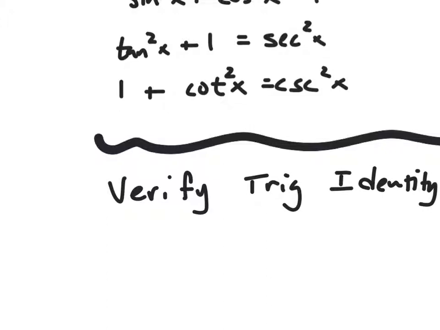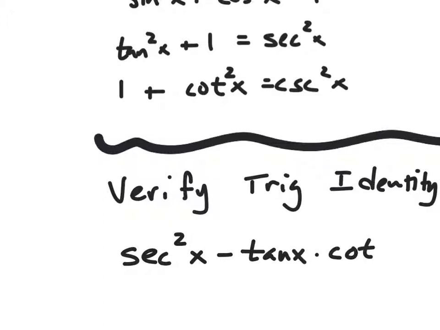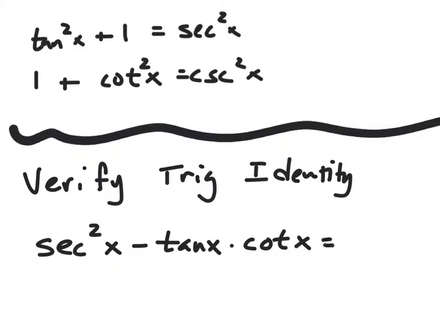And what we want to verify in this is that secant squared of x minus tangent of x times cotangent of x is equal to tangent squared x, okay?